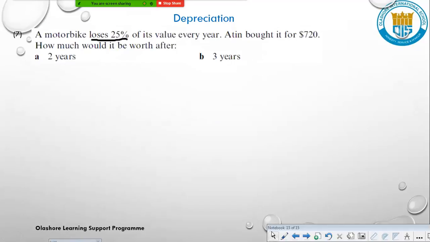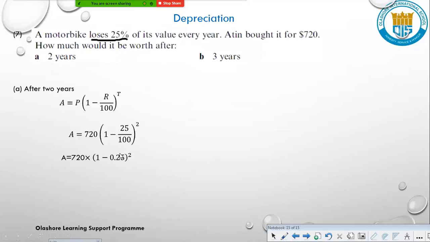That's the initial value, 720. After 2 years, T is 2, our R is 25 and P is 720. Don't forget in depreciation it is minus. So we have 720 times 0.75 squared, 720 times 0.5625. That's $405, the total amount after 2 years.